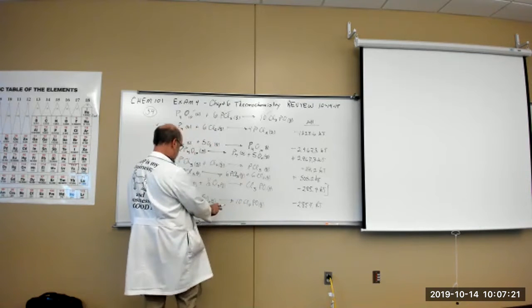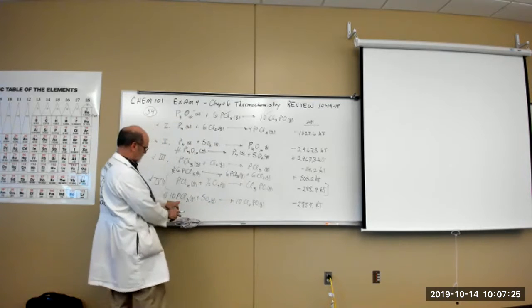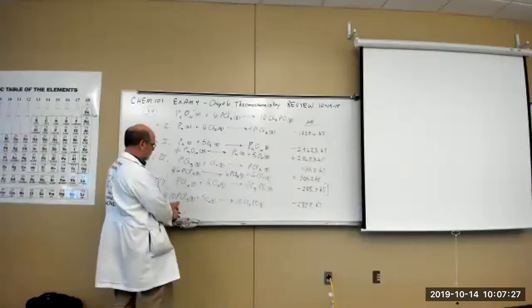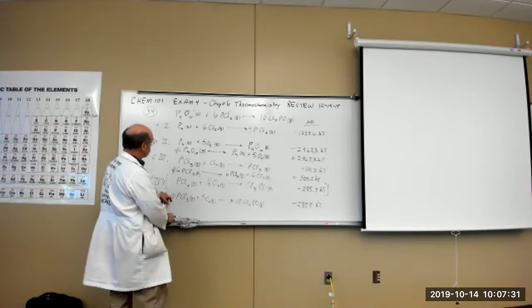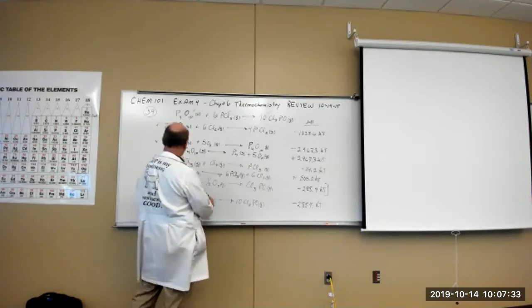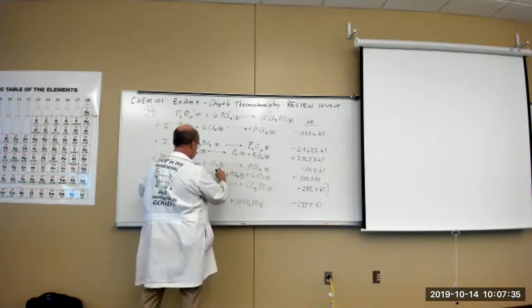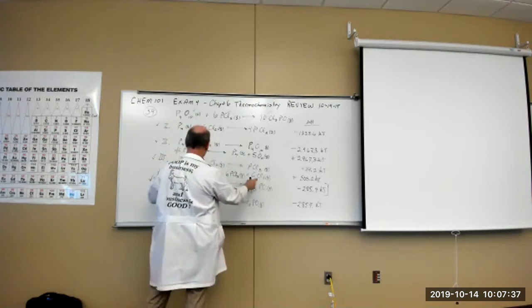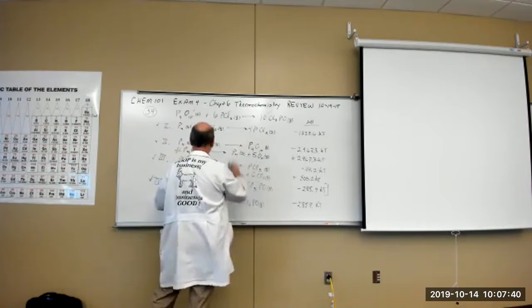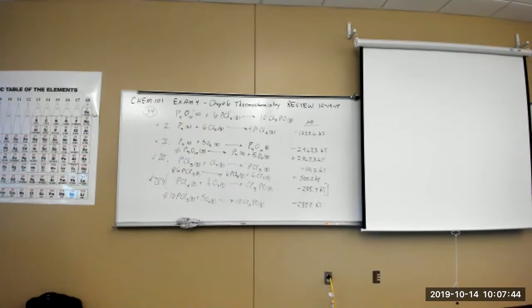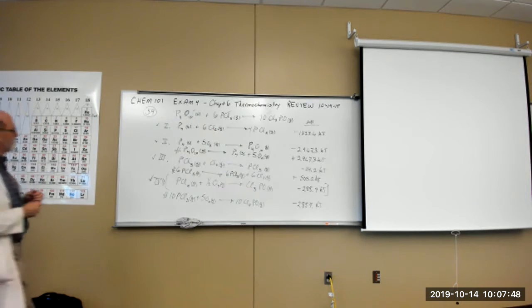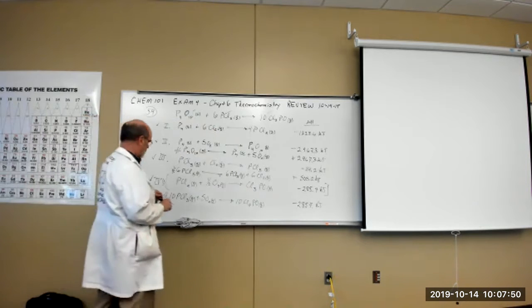Okay, I didn't write that one correctly, did I? Yeah, I did. PCl3 is 10 here. So at least 4 PCl3. 4, 6 chlorines. So it's probably going to work like that.